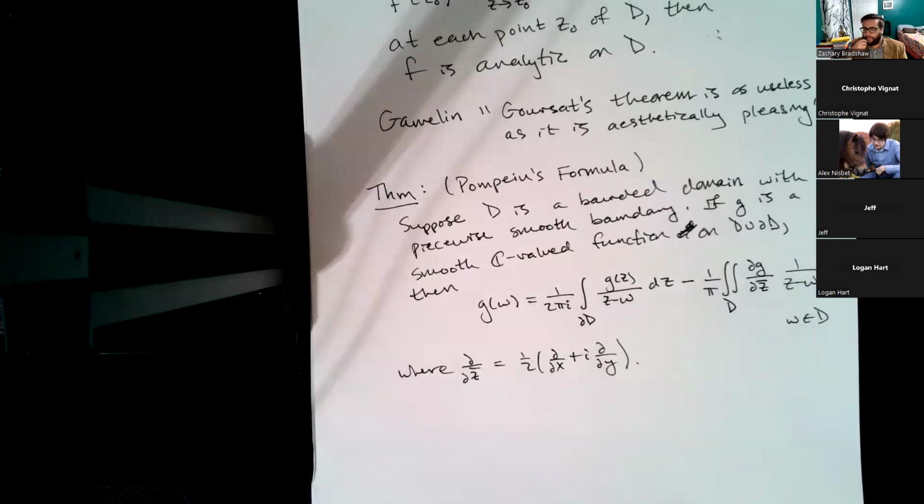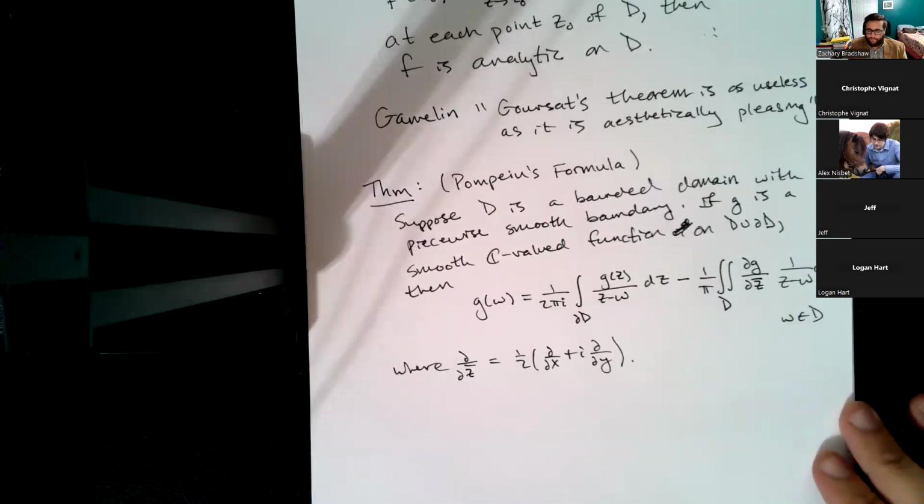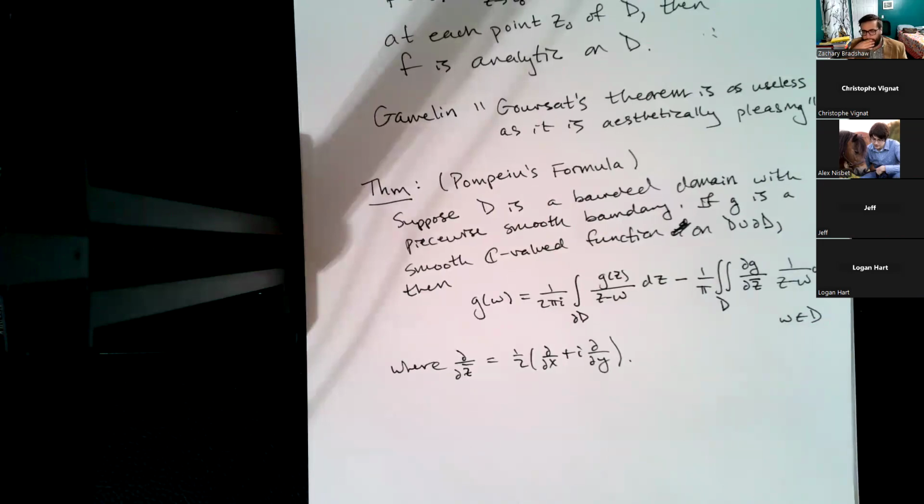Yeah. So when you say that something is complex differentiable or holomorphic, that automatically implies continuity. And when you have holomorphic, you automatically get C infinity because of the Cauchy integral formula.